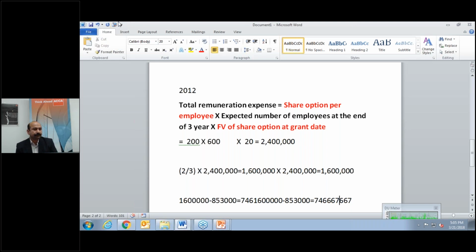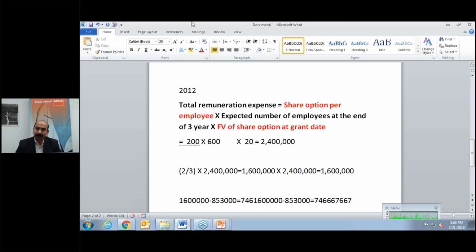Muzammil Sultan asked, 14 plus left also during 2011. Why is it not included in your calculation? Muzammil, actually every year we shall be recalculating the total remuneration expense, and our previous total calculation will be irrelevant.